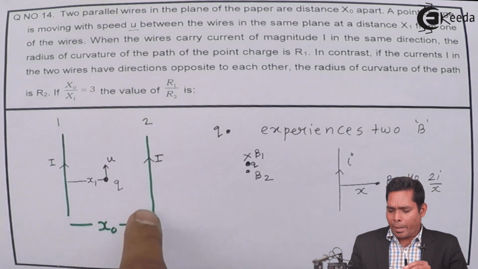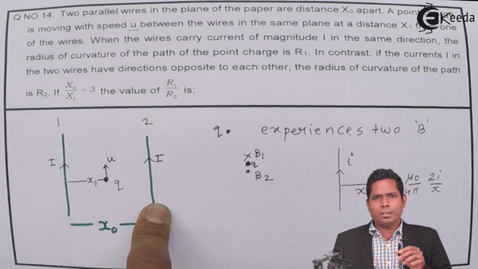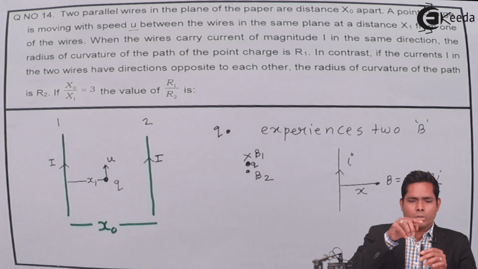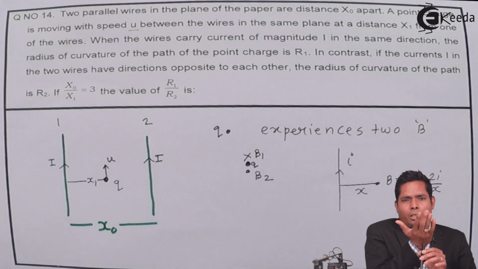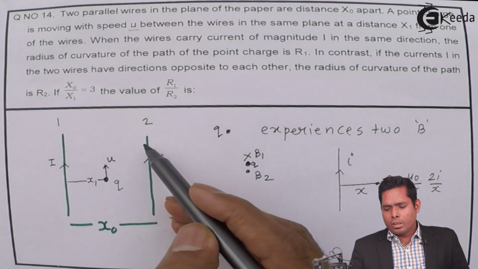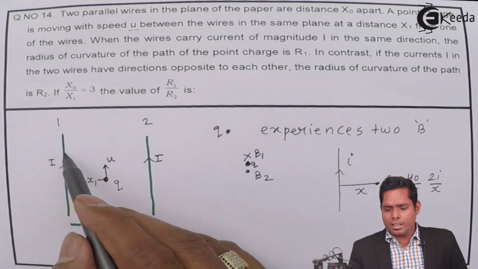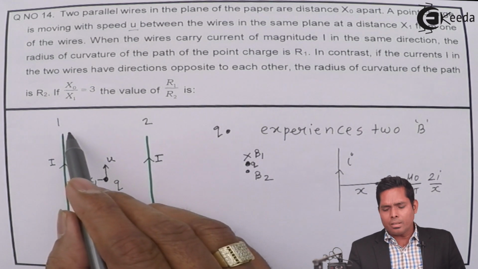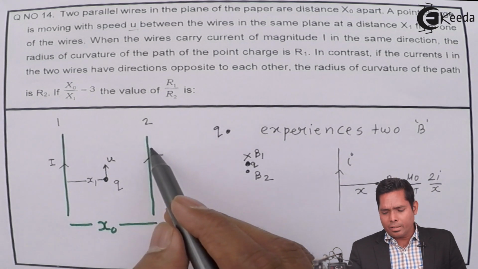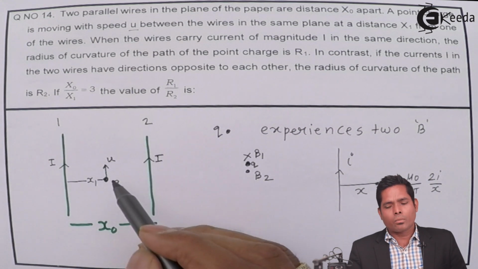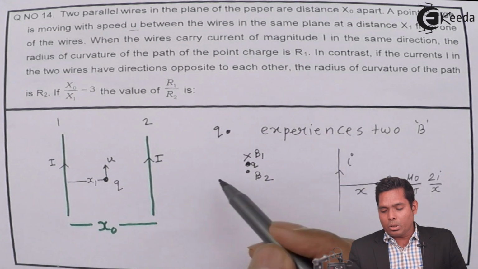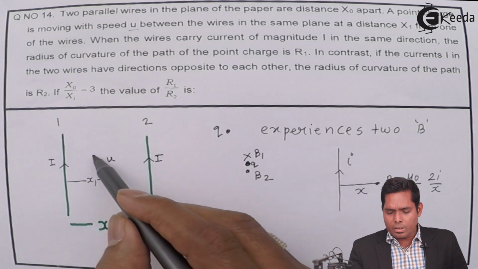If the magnitude of B2 is greater, then the net field will be upward, and with q v cross B the charge will move towards the other side. If the magnitude of the magnetic field is greater for the first wire, the charge will move towards the first one. Suppose B1 is greater than B2, then it will be moving towards this side.